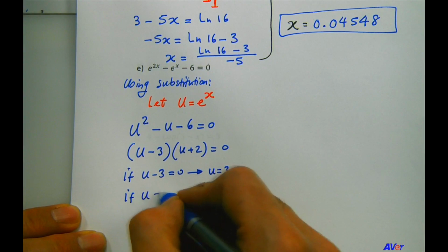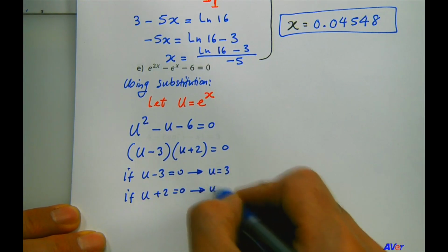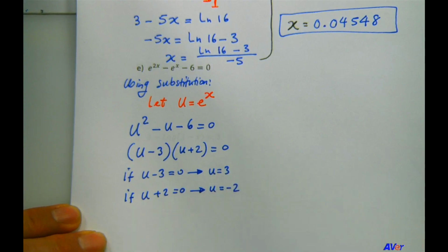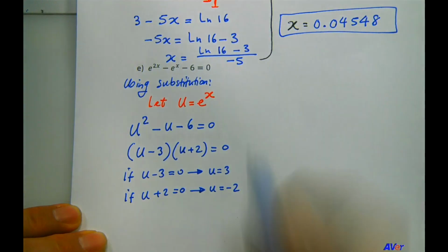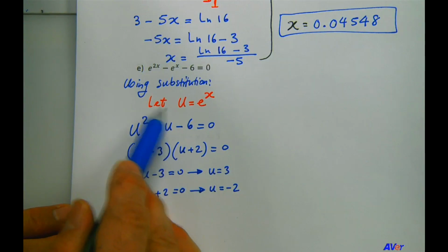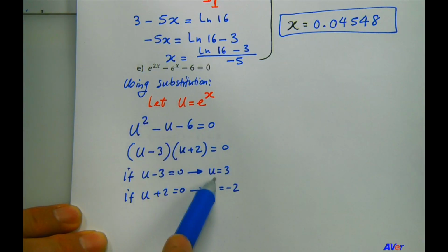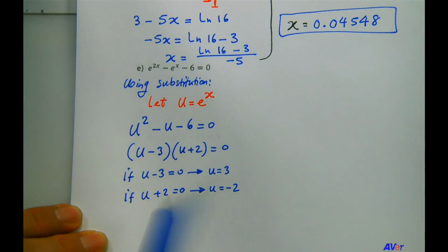If u plus 2 equals 0, then u equals minus 2. Right? Are we done? No. We need to solve for x, not u. So let's replace u in the equation with each of these and then solve for x from each one.